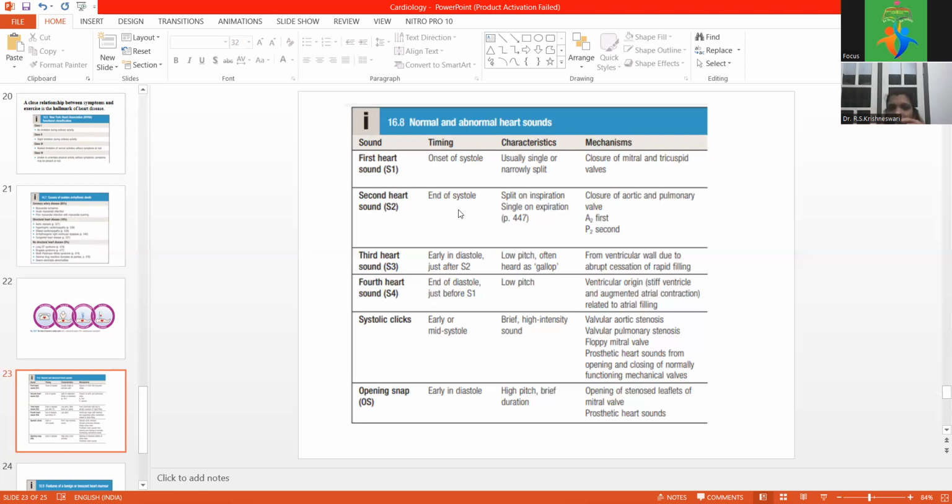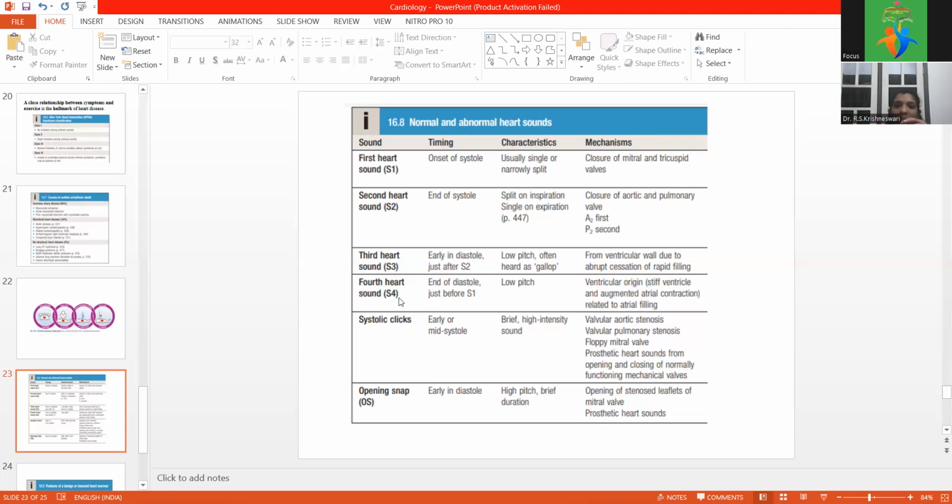Usually it will not happen, and we cannot hear it normally. It is heard as a gallop. What is a gallop? The sound we hear when a horse runs is a gallop. Once S3 is present, we call it a gallop.